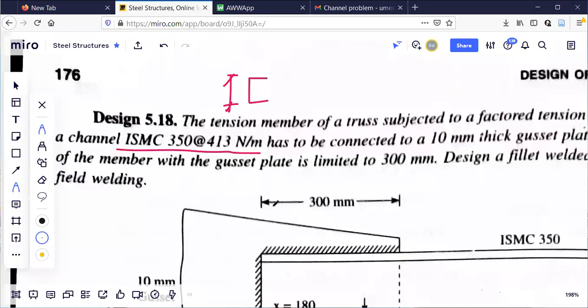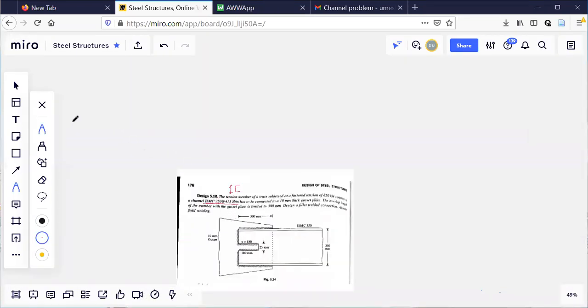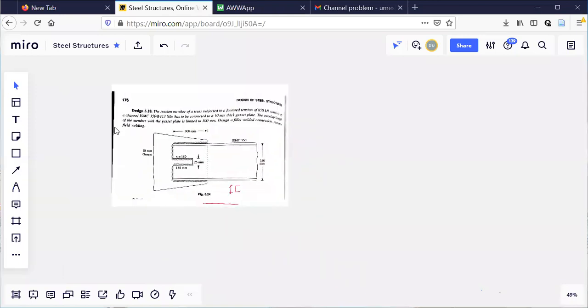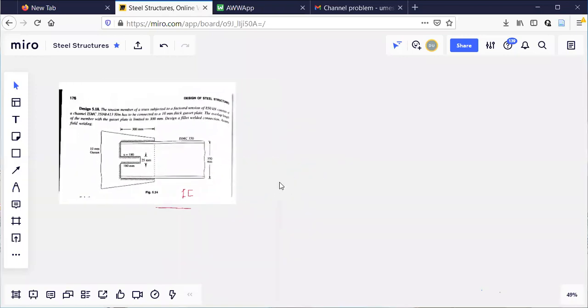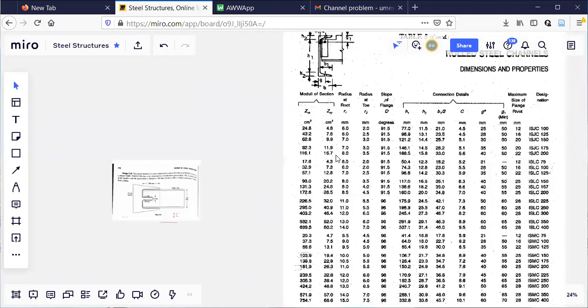So let us see that one in the steel table here. What you should understand. See this one here.